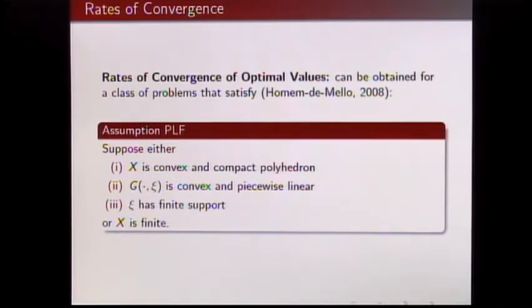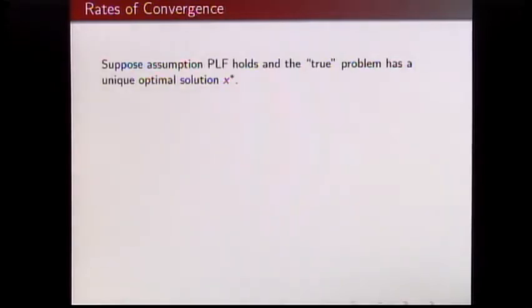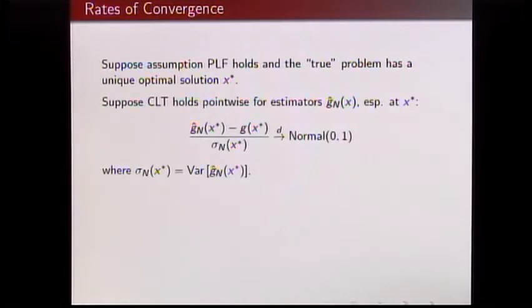So for these problems, which would be like 2-stage stochastic linear program with finite support and maybe some integer program in the first stage. So if this assumption holds, the true problem, and suppose, for simplicity again, you have a unique optimal solution. Okay? And this is going to look familiar. And suppose the central limit theorem holds pointwise.